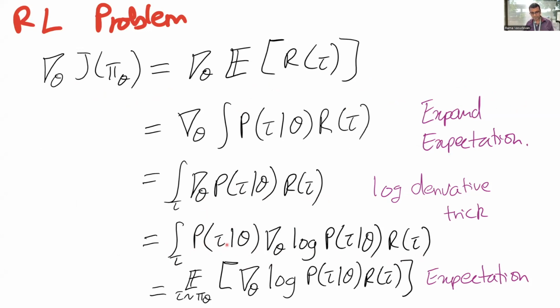Again, this is f of x times the derivative of the log of the function. And if you look carefully, you can rewrite this as an expectation, which follows again from the definition of what the expectation actually is. And so you can rewrite this in this particular way.